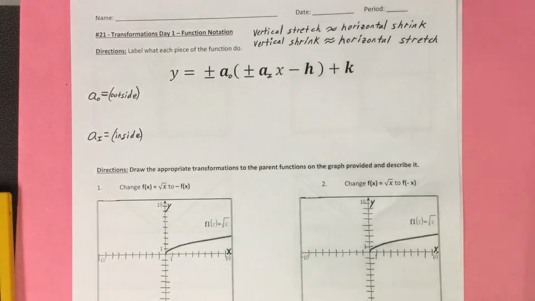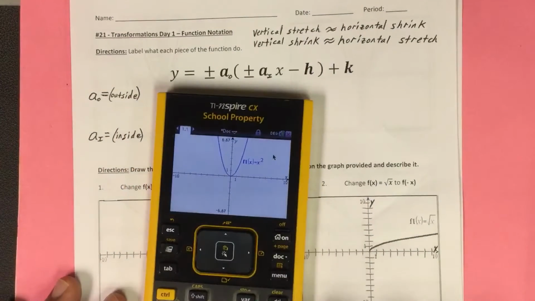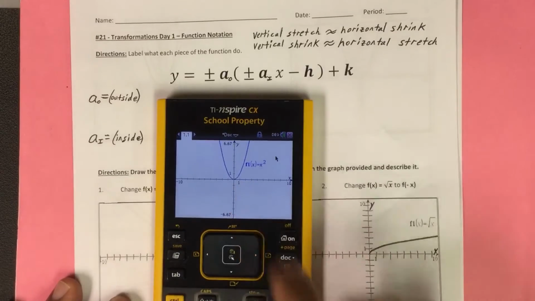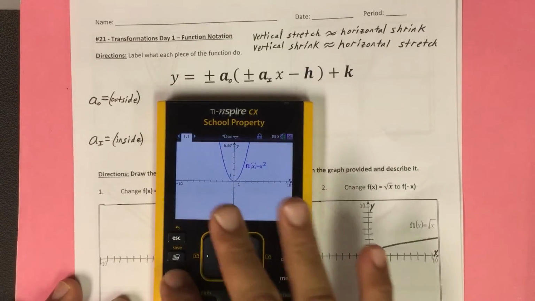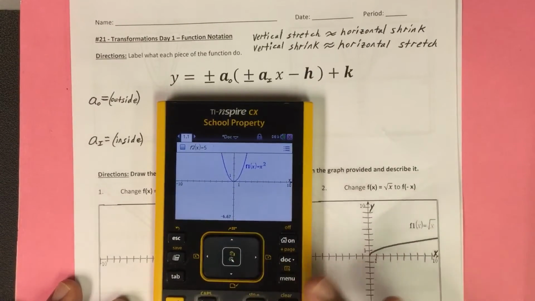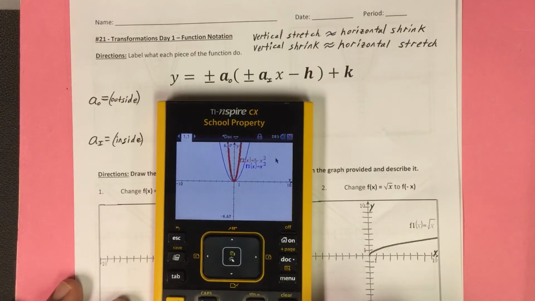So showing that with a calculator, here is my parent function of the parabola, it's x squared. So if I do 5x squared, right?